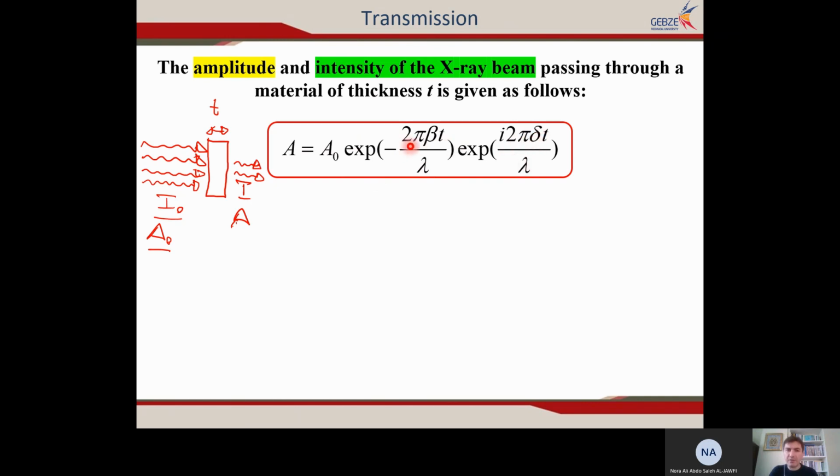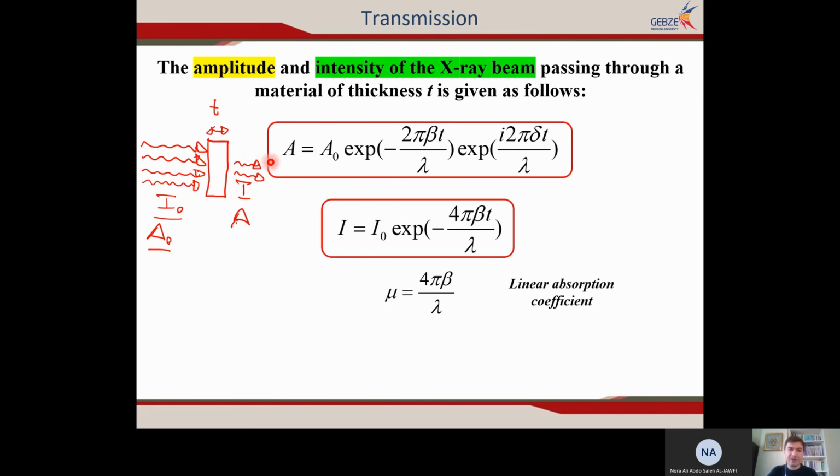So beta depends on the material, okay? Delta depends on the material. And T in the exponential term gives us the thickness of the material, and lambda is the wavelength of the incoming X-rays, okay? So this is the amplitude of the X-rays after passing through this material with the thickness T. So what about the intensity of these X-rays?